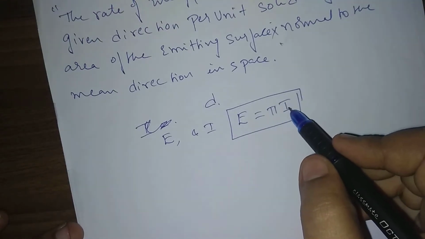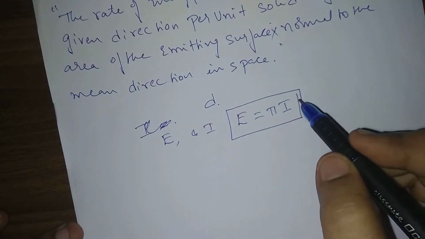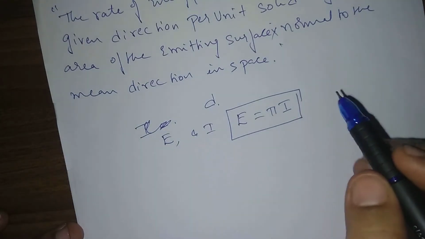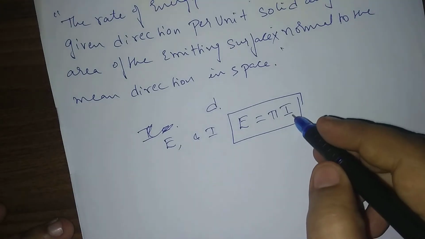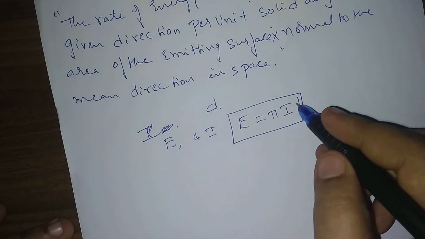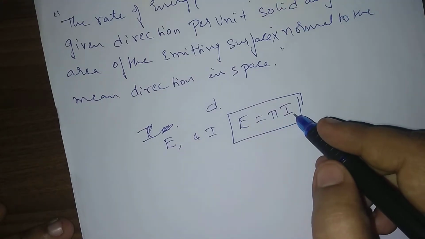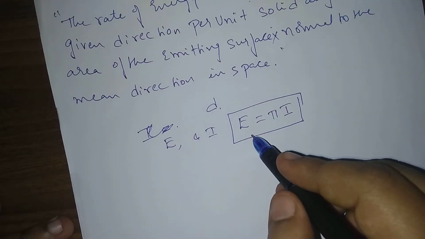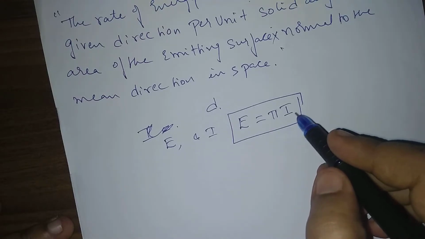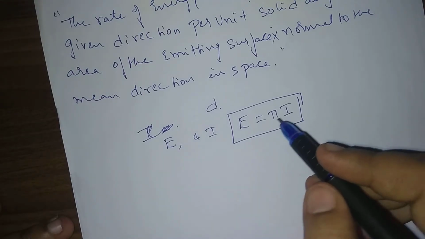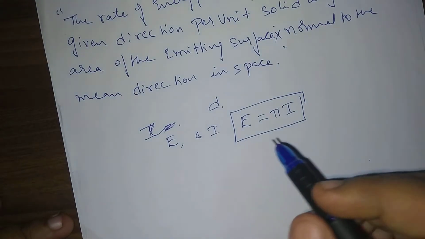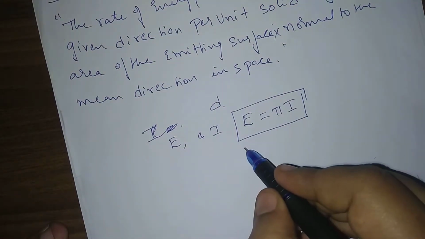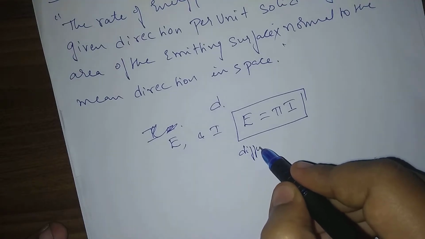We will get into the solid angle when we talk about the heat transfer aspects, and there I will explain in detail how we derive the expressions for solid angle and for the intensity. For the time being, understand that E is equal to pi times I, where I is the intensity and E is the total emissive power of a diffusive surface. This is very important for a diffusive surface.